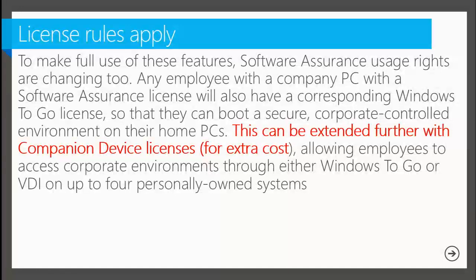So what happens here is that Windows to Go works like this. If you have a computer that is falling under the software assurance subscription thing, then you're allowed to create 2 Windows to Go devices per machine. That's nice. And you can use them in the same computer. That's also nice.